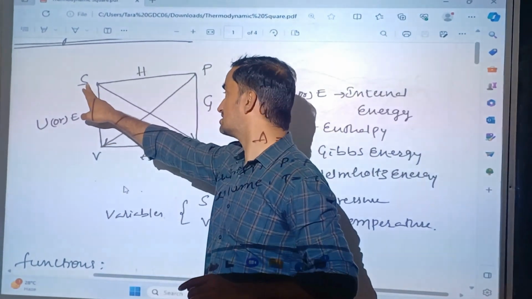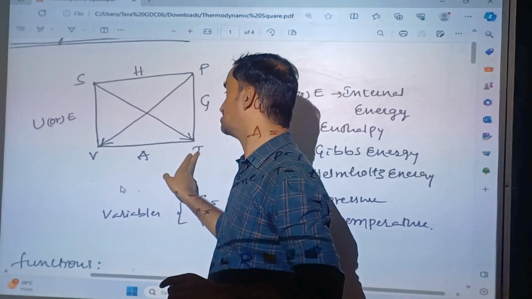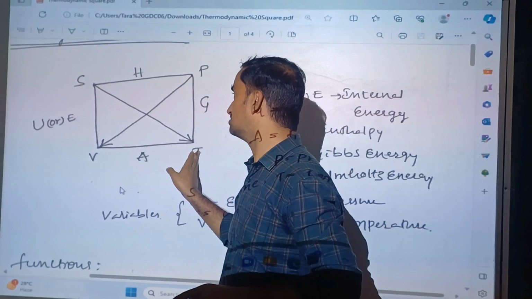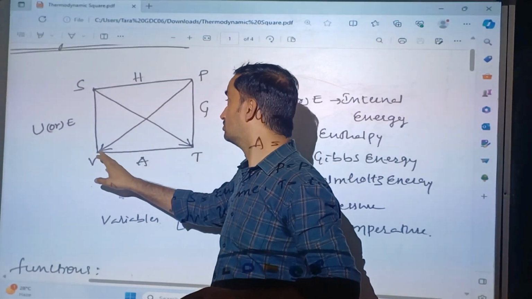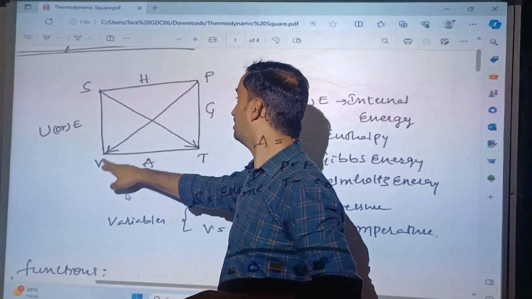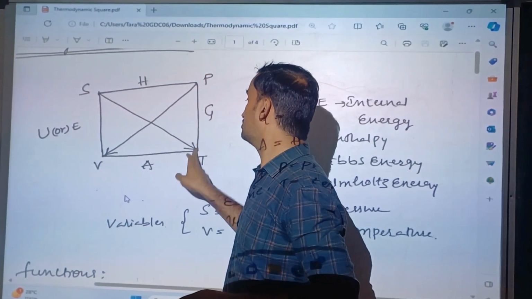Here the first one is ∂S, so the opposite variable, temperature, will be constant. So ∂S/∂P at constant temperature is equal to ∂V/∂T, and here the opposite variable is pressure, so ∂V/∂T at constant pressure.